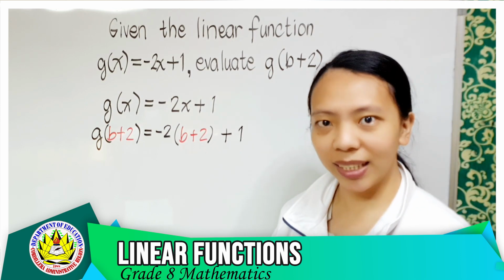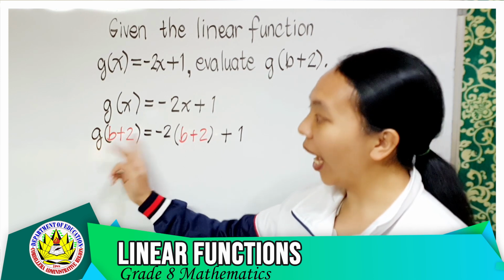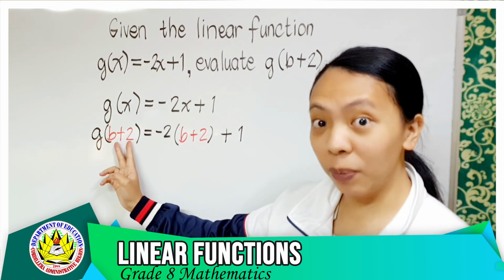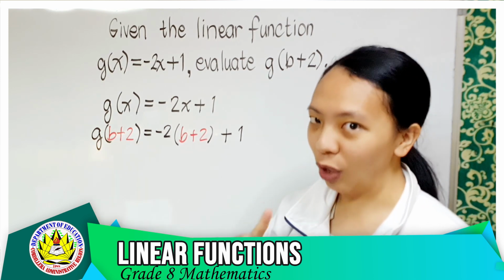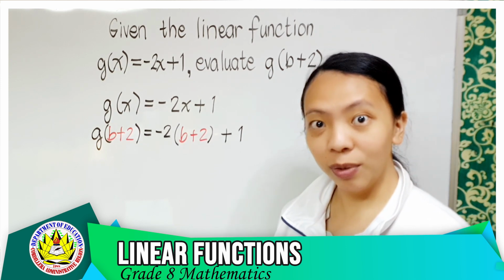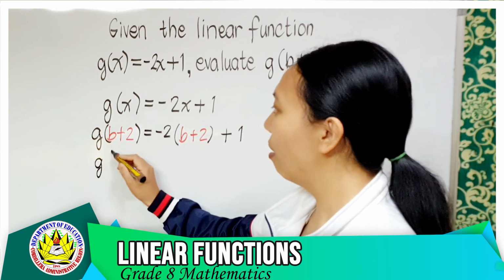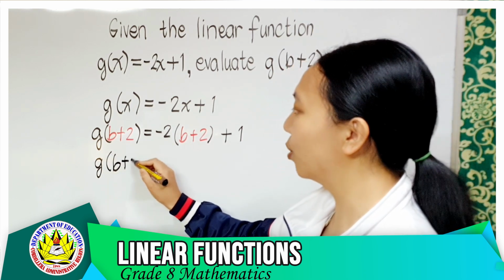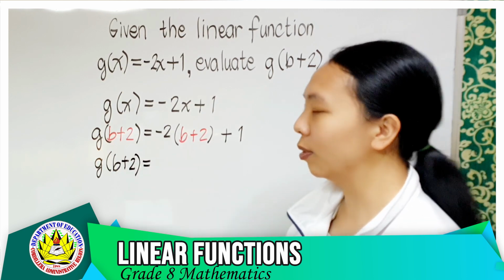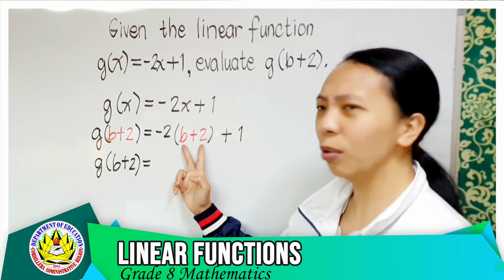Next, are we supposed to multiply g and the whole of b plus 2? No, we're not supposed to do that. So, what are we going to do? We simply copy it. G of b plus 2 is equal to, what about negative 2 and the whole of b plus 2?